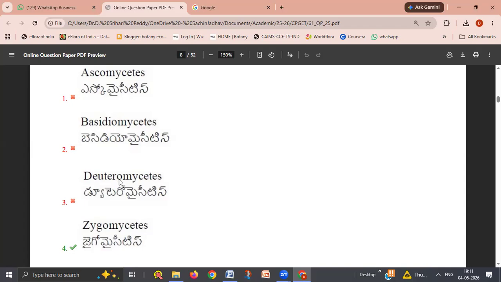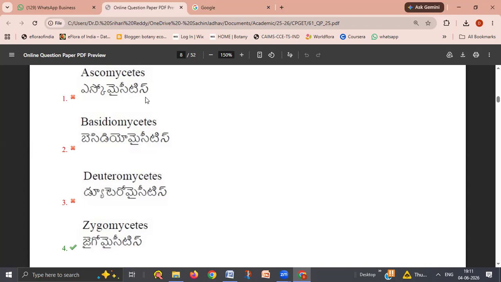So Cercospora arachidicola and Cercospora personata belong to this class. And Basidiomycetes or Basidiomycotina, you know, which organism? Puccinia graminis belongs to Basidiomycetes. And also our mushrooms belong to Basidiomycetes.